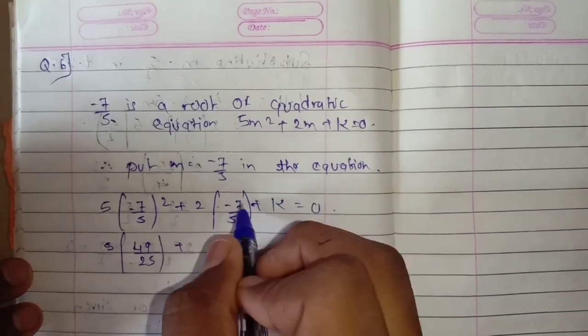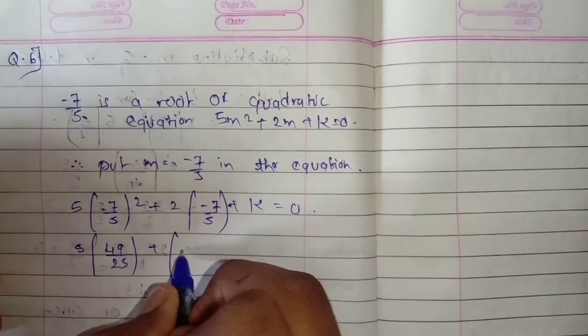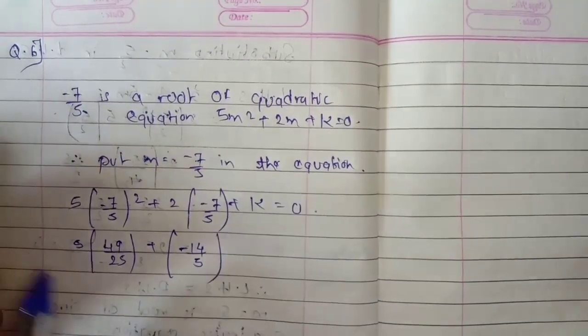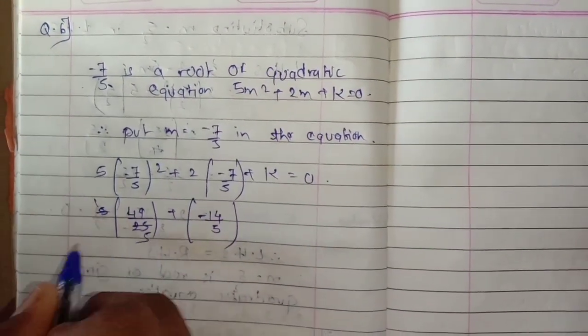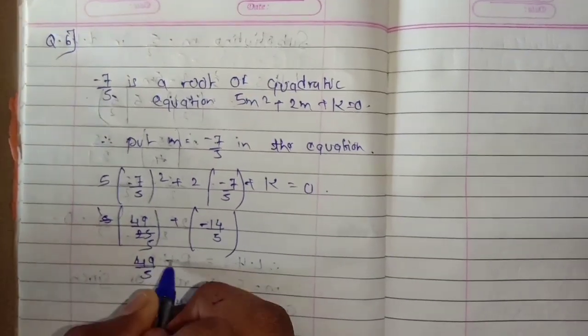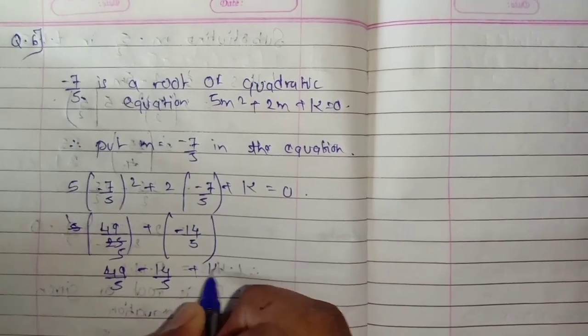Plus 2 into minus 7, that is minus 14, upon 5. The 5 will cancel with the 25. So 49 upon 5 minus 14 upon 5 plus k is equal to 0.